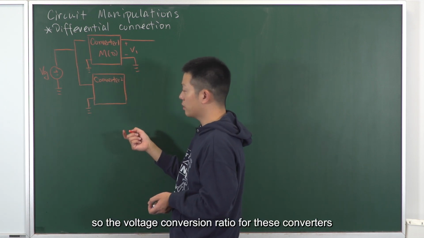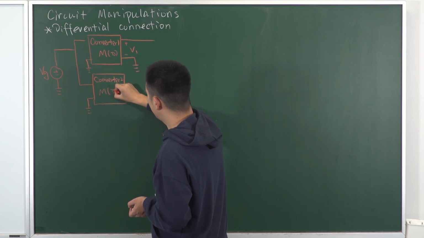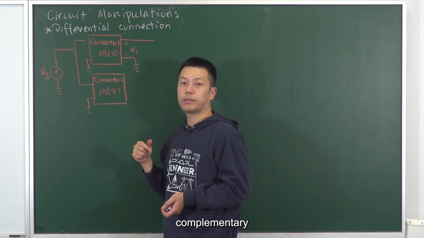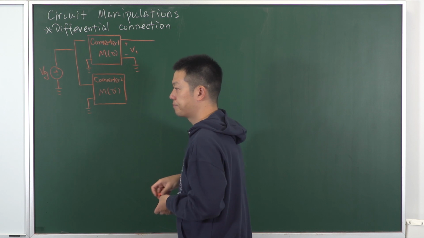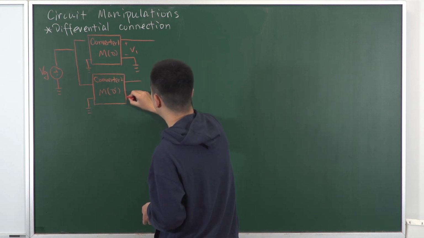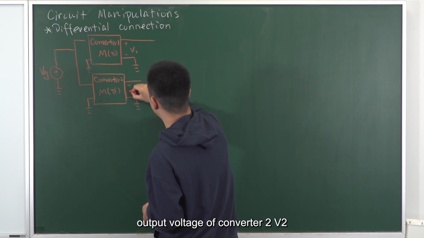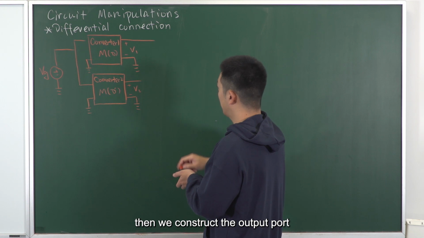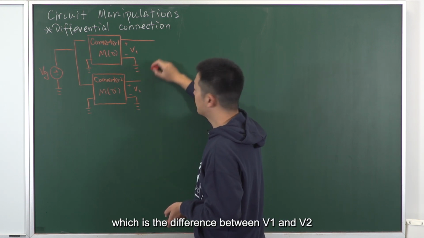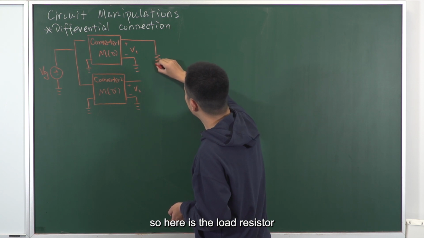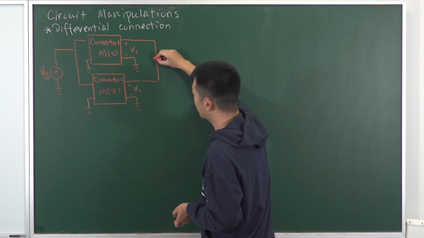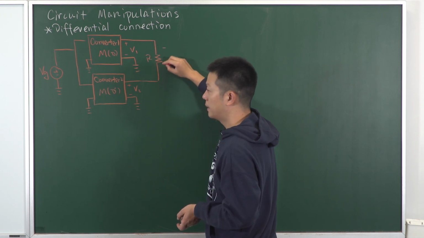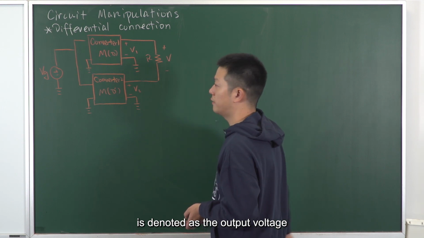The voltage conversion ratio for this converter is denoted as M(D prime). This means that the two converters are controlled complementary. So one is D, one is D prime. Here is the output voltage of converter 2, V2. Then we construct the output port, which is the difference between V1 and V2. So here is the load resistor, and this voltage is denoted as the output voltage.